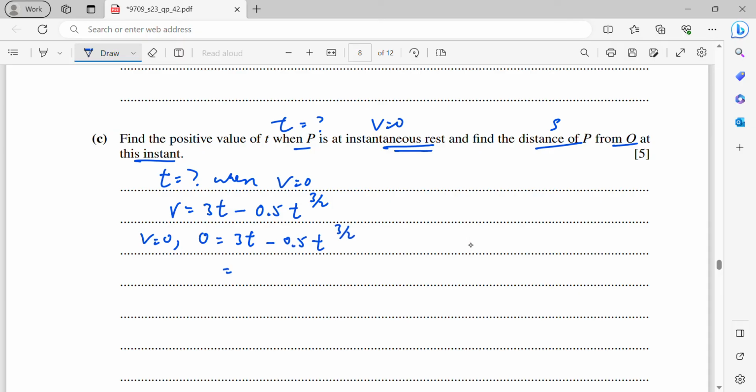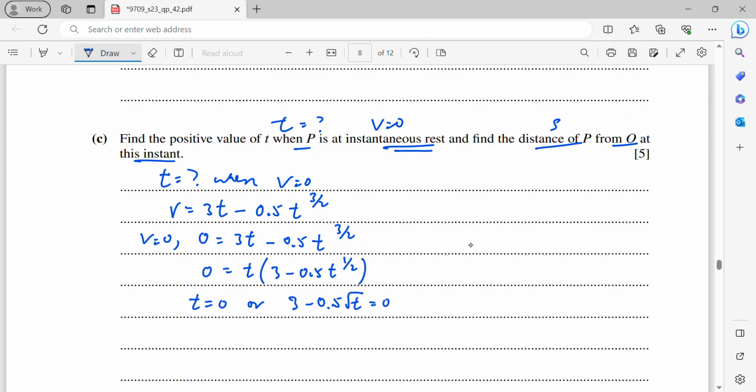Then from here I can factorize the t. So I will get t times (3 minus 0.5 t to the power of half). When you factorize the t from t to the power of 3 over 2, you still have power half. When you multiply two of them equals 0, either the first one equals 0 or the second one equals 0. The t power half I can change to square root t.